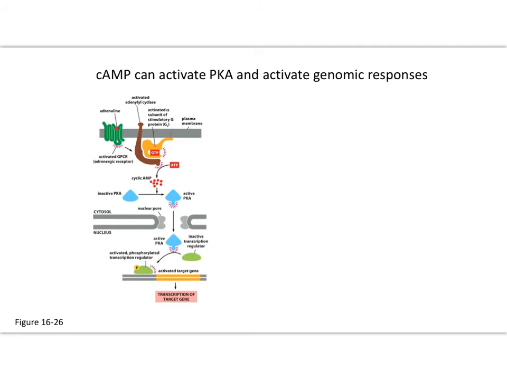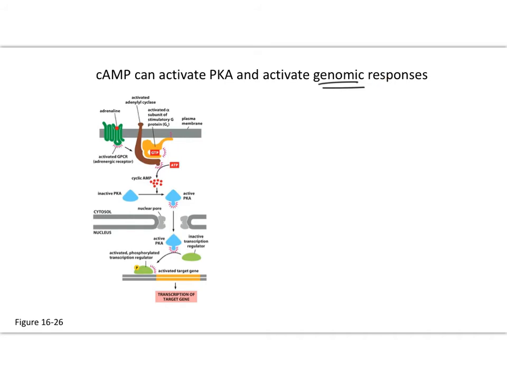Okay, now we're going to check out figure 16-26 and look at a genomic response. One of the big differences here is that here's the nucleus, and so basically the PKA is going to enter the nucleus and trigger gene transcription. As a reminder, we're talking about a different cell type here.